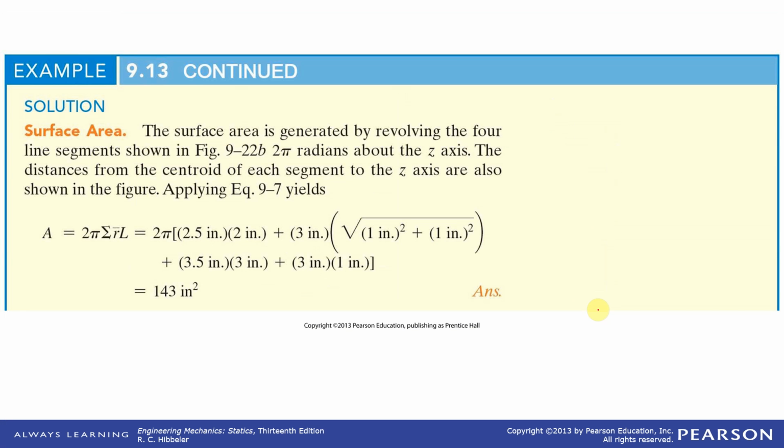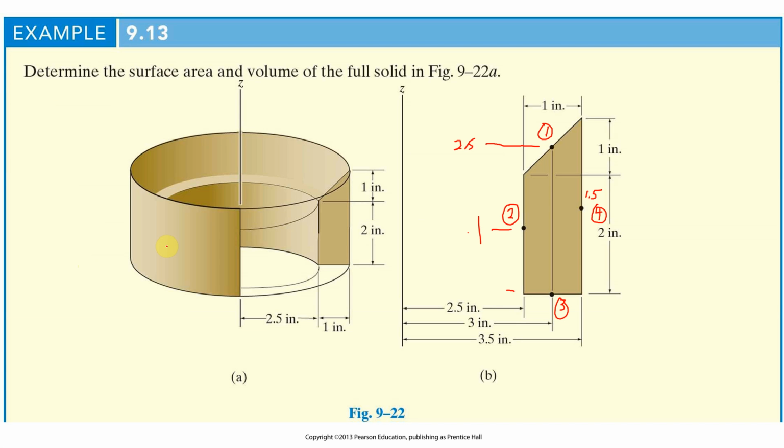So let's go take a look at it. Surface area, 2 pi, individual r, individual l, 2 pi. There's the 2 pi. 2.5 times 2. Well, there's 2.5 here. That's the r. And then the l, it's not 2.